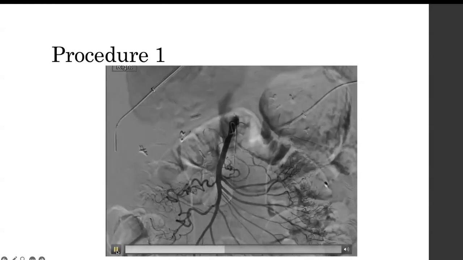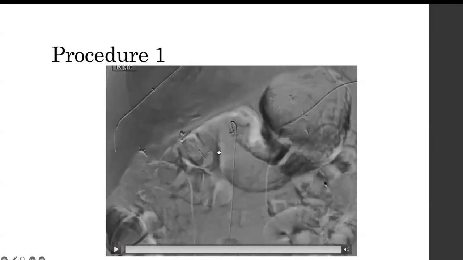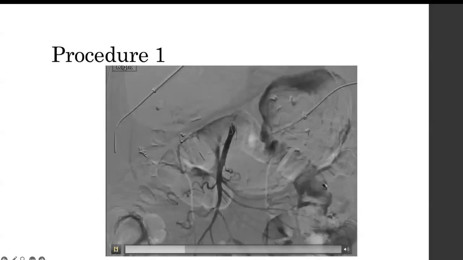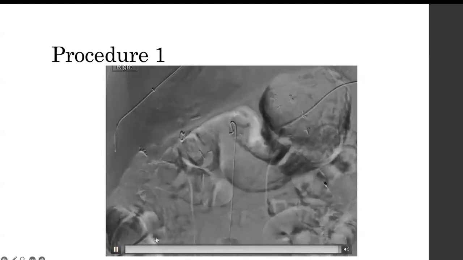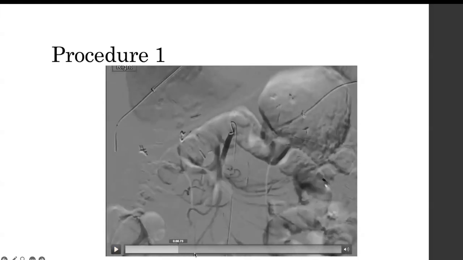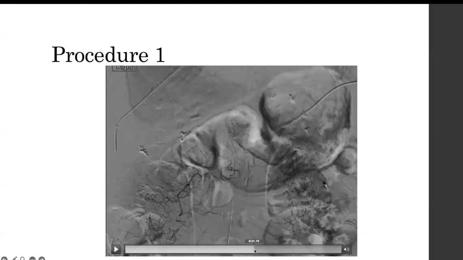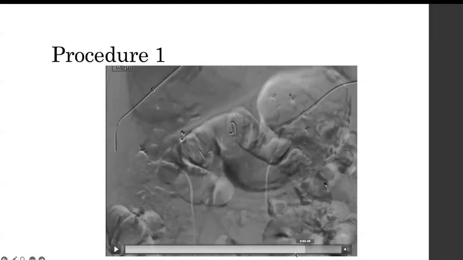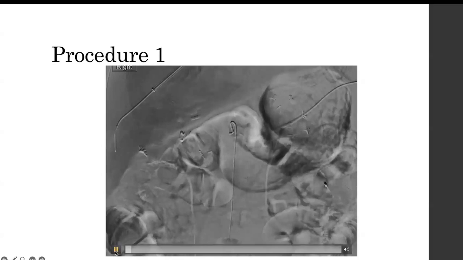But you say, okay, we looked, this is another thing I mentioned, you can inject through the artery to delineate the portal system once you wait for the contrast to go all the way through into it. And it's hard to tell. I wish I could pause this.